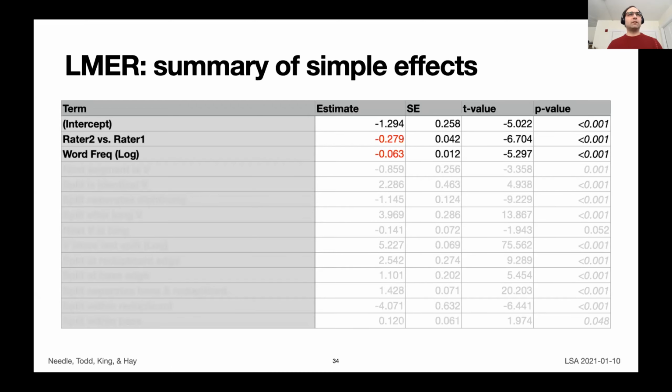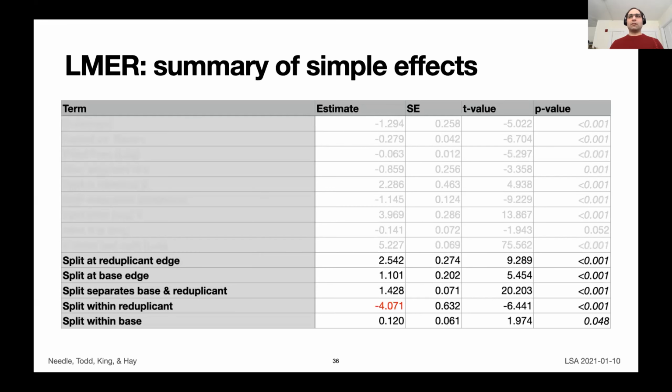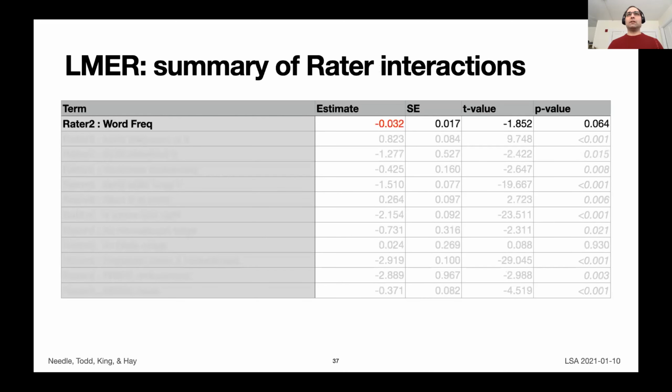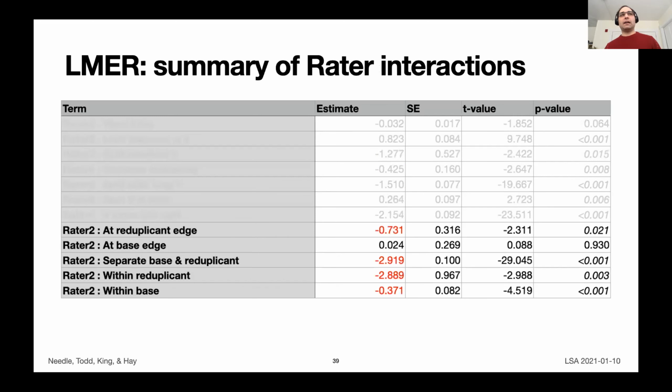So here's just the lmer summary table that goes along with some of the effects I showed. These are the basic effects, and these are the phonological ones. Not all of them were part of the presentation. And then these are templatic ones. And every one of these is interacted with rater. So rater with frequency, rater with phonological effects, and rater with templatic effects. So we can see everything we talked about is significant.